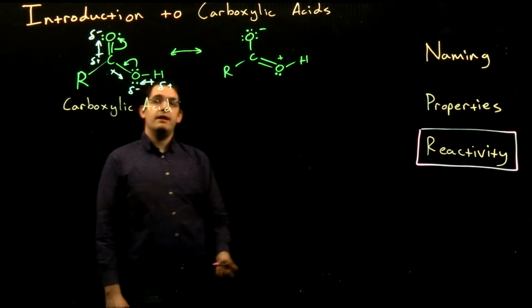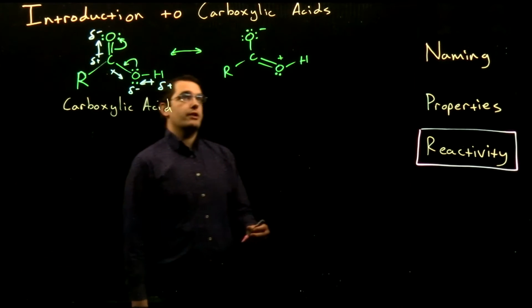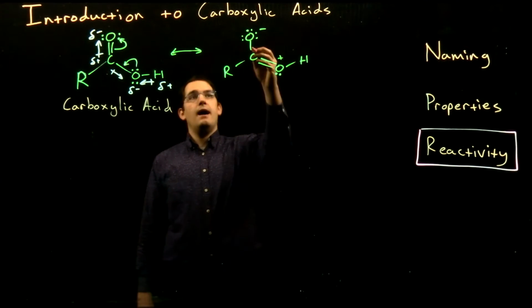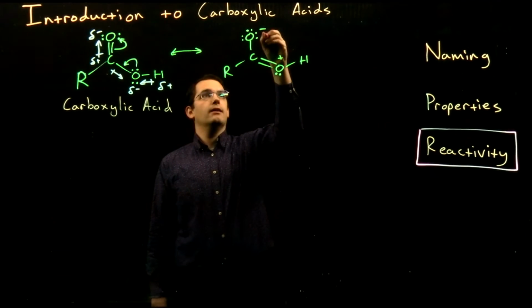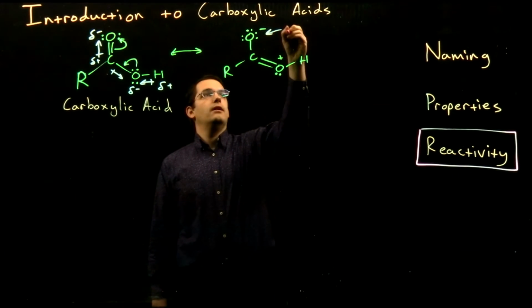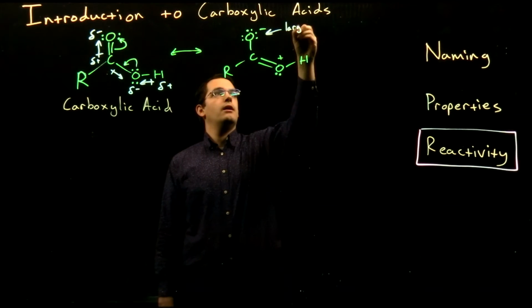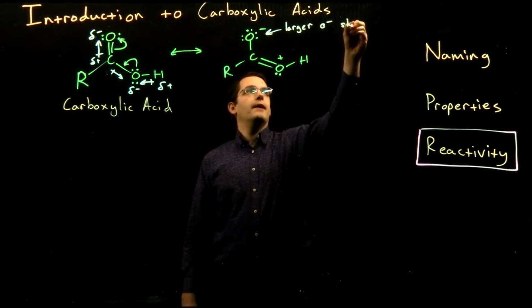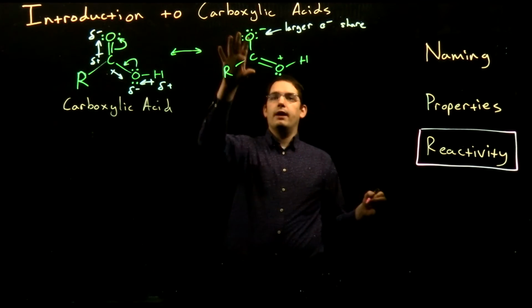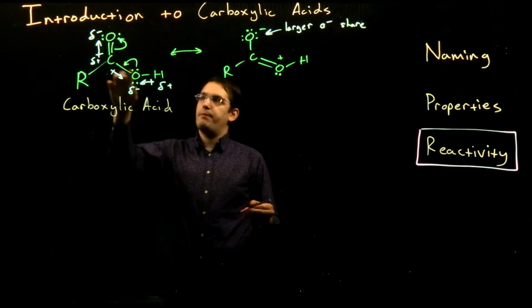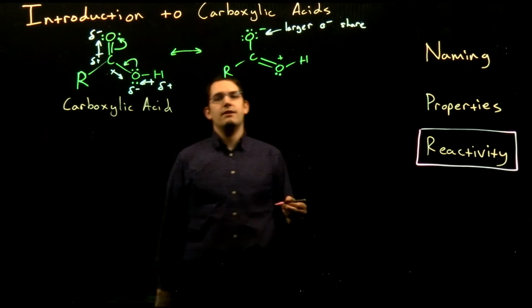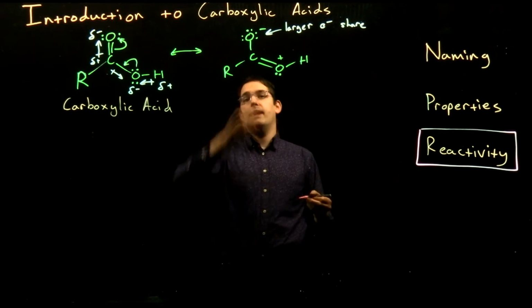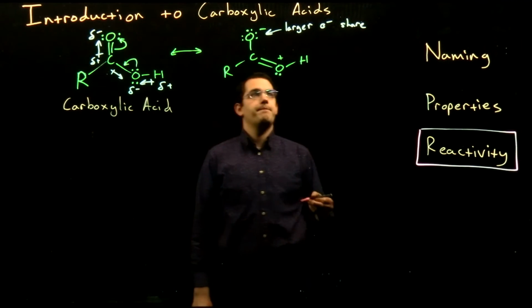The other thing that we can see here based on this resonance structure is that my top oxygen is actually going to have a larger share of the electrons. Right? So we get a larger electron share up here, as indicated by that negative charge. Right? In our resonance hybrid structure, we'd have a partial double bond between each of these oxygens with a partial negative charge on my upper oxygen.